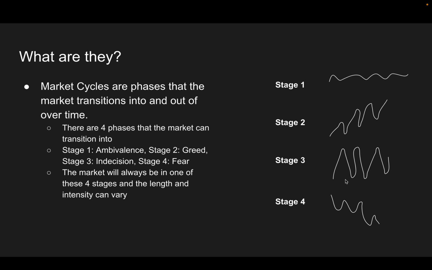Stage 3, there's plenty of market activity of buyers and sellers, but they're in sort of a tug of war, pulling back and forth without any real trend direction. Stage 4 is marked by lower highs and lower lows, where sellers are ultimately pushing the market down.